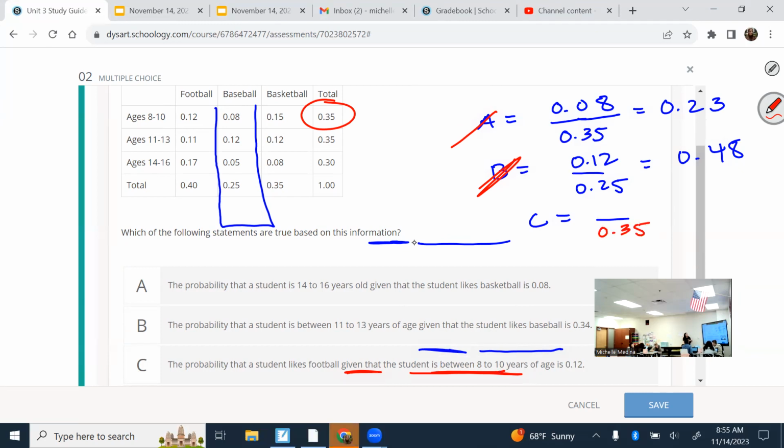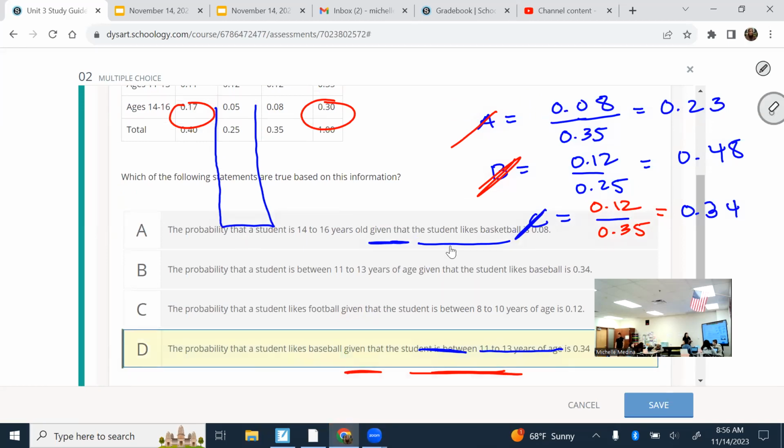My numerator is, out of these students, how many like football? So that'll be my numerator, divide that out. 0.12 divided by 0.35 is 0.34, not 0.12. So by process of elimination, it looks like I'd have to pick the option that's on my screen, but let's see what it is.